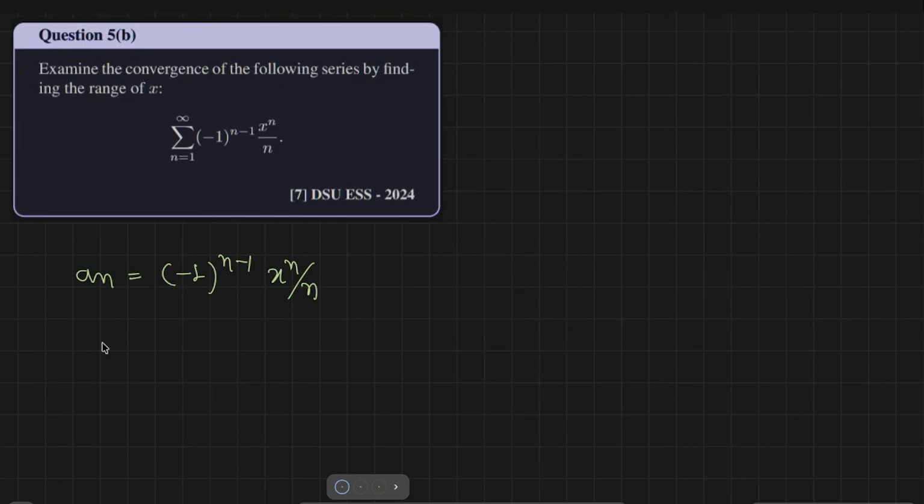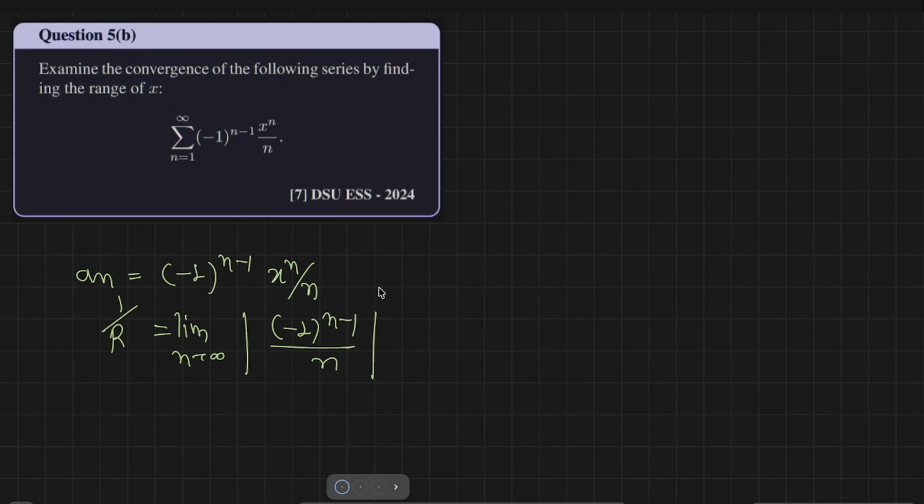So what you have to do, you have to find the radius of convergence, 1 by r, which is the limit as n tends to infinity of the mod, a positive term series. No need to write x, only write minus 1 power n minus 1 by n, because it is x power n, an ordinary case. Simply you can write this.